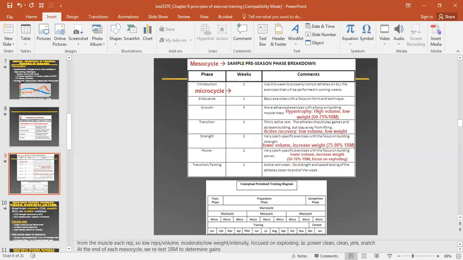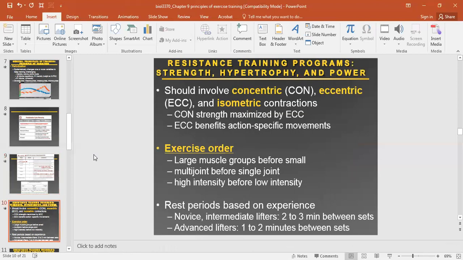And if there haven't been gains, or you're losing your 1 repetition maximum, or if you're only maintaining when we want you to gain, then we know we need to modify our next mesocycle to improve 1 RM, right? So hopefully all that makes sense. If you have any questions about that, of course, email me anytime.